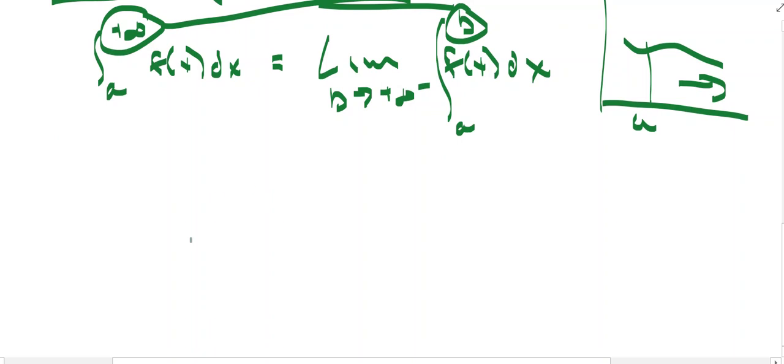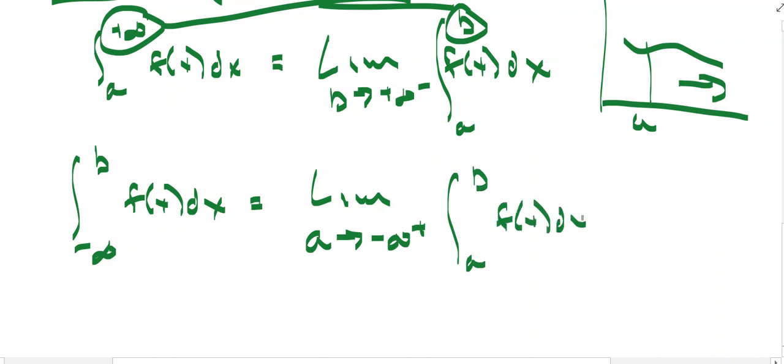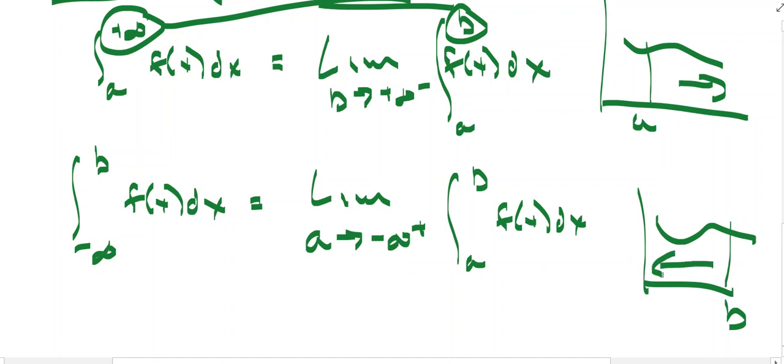Likewise, if we have an integral where the lower bound of integration is approaching negative infinity, we will replace that with the limit as a approaches negative infinity from the right. So this would be a right-hand limit of the integral from a to b of f of x dx. And we are approaching from the right because we have a right-hand limit b, but we have no left-hand limit, so we are approaching it from the right.